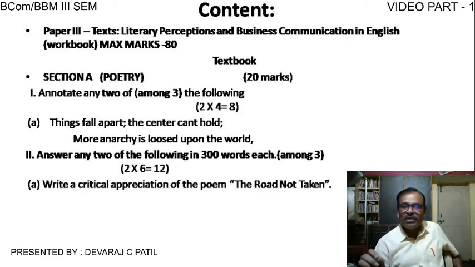You have to identify the poem with its title, and you have to identify the poet who has written that poem, and then those lines you have to explain what they mean, and also you have to explain how their meaning is connected with the total theme of the poem.